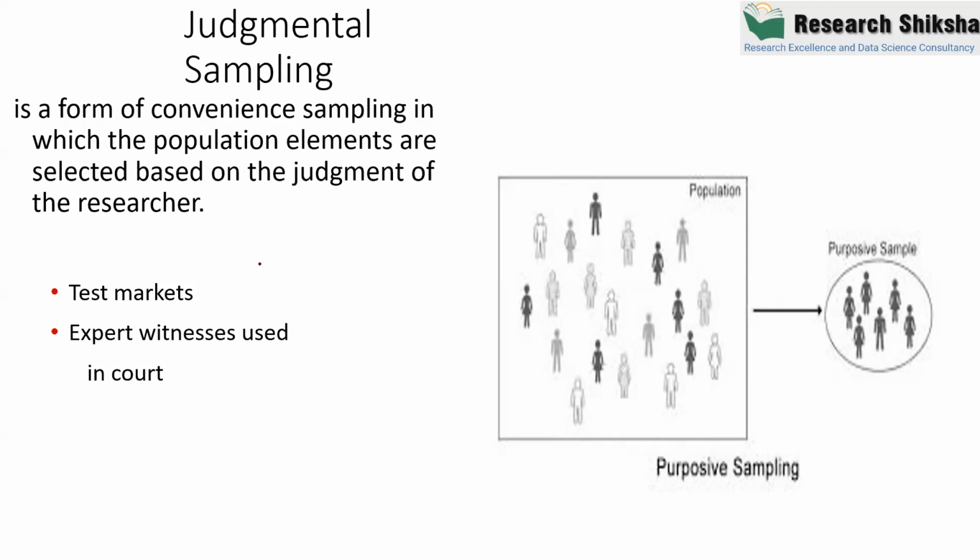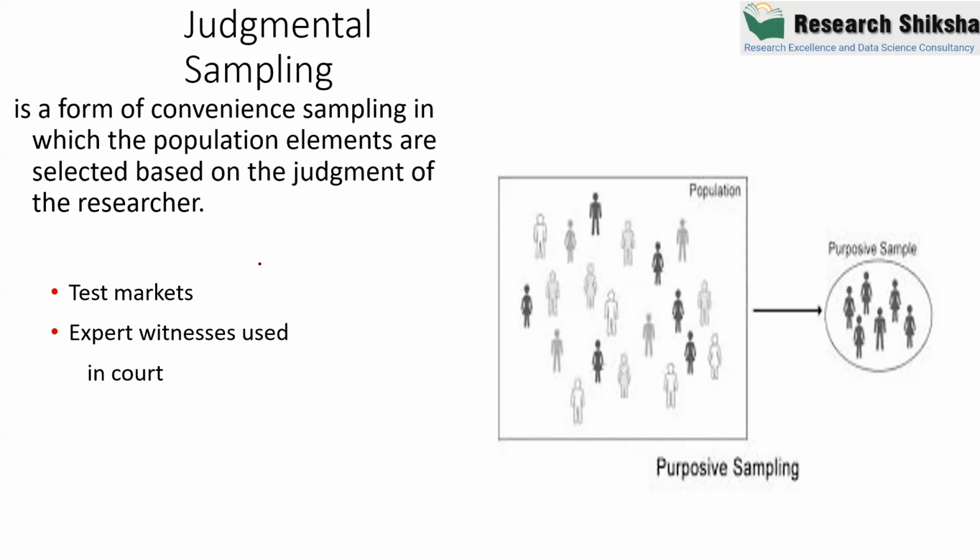But the proportion of stratified random sampling is very low, and the cluster sampling is also very low. So most of the time we use judgmental sampling, the number one method I found in the research.